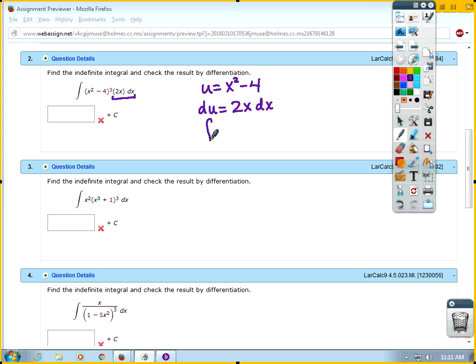So we can rewrite this as the integral of u cubed du. That's just using the power rule again. Add 1, that makes the exponent 4, divide by 4. So 1/4 u to the 4th plus c. So 1/4 times (x squared minus 4) to the 4th plus c.